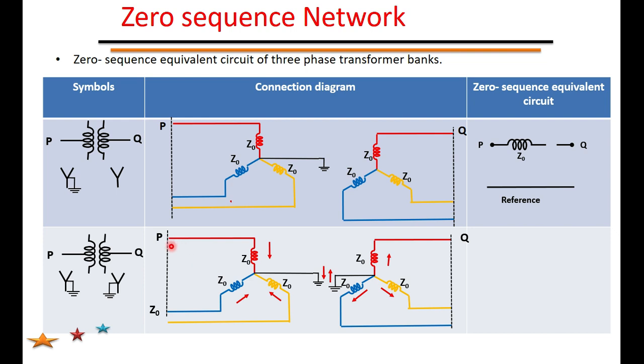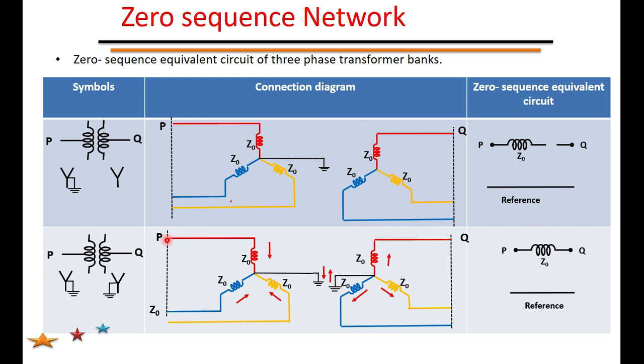You have to observe here the path for the zero sequence current. The zero sequence current which is flowing from here, you can see the current entering here. Then there is a path for the zero sequence current here. It enters the ground, and it also enters the secondary winding and passes to the line, to Q. There is a complete path for the zero sequence current.